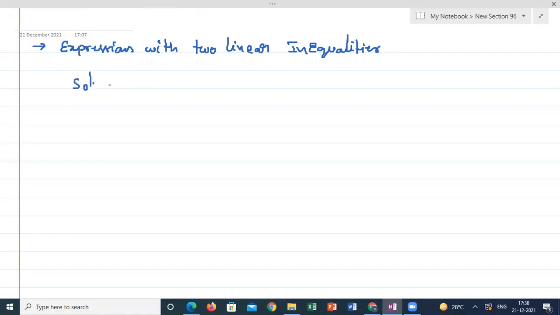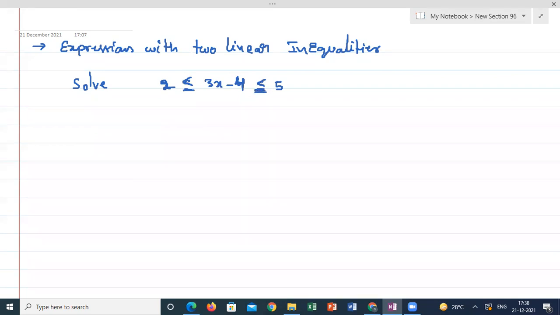Question is, solve 2 less than or equal to 3x minus 4 less than or equal to 5.